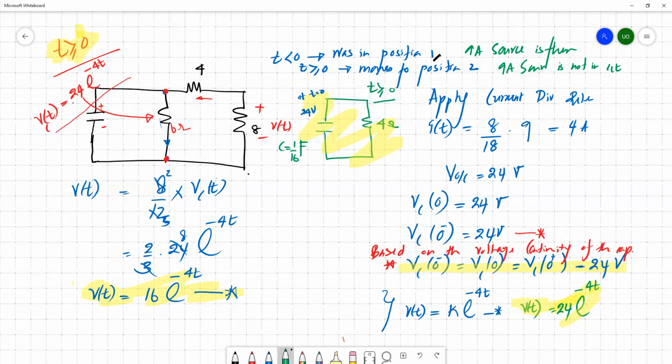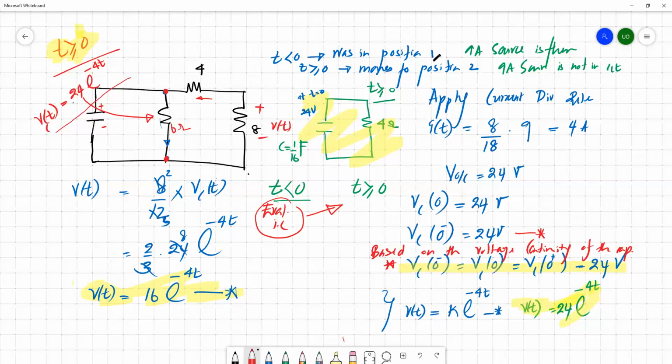So keep in mind all the time, you have two states. One is t less than 0, and the other one is t greater than or equal to 0. We use t less than 0 to evaluate initial conditions if those are not in the question. Then whatever values we evaluate can be substituted into the circuit we are discussing for t greater than or equal to 0.